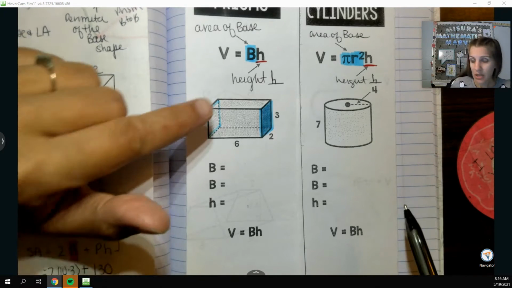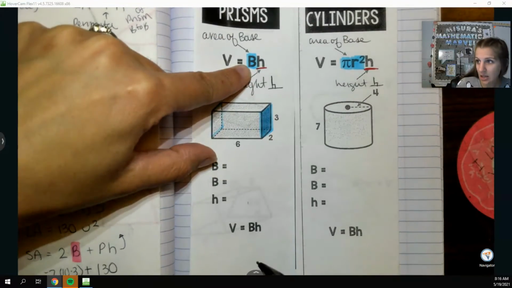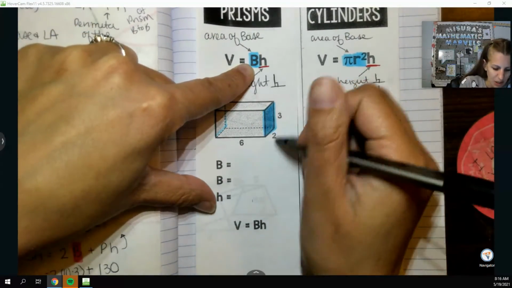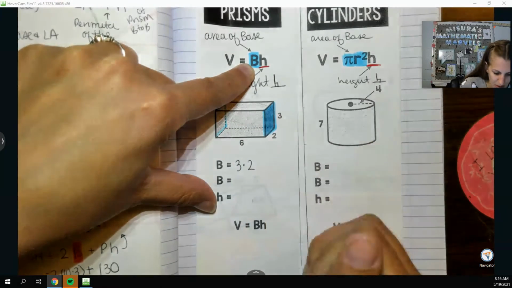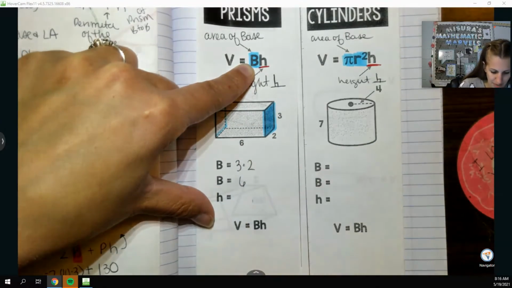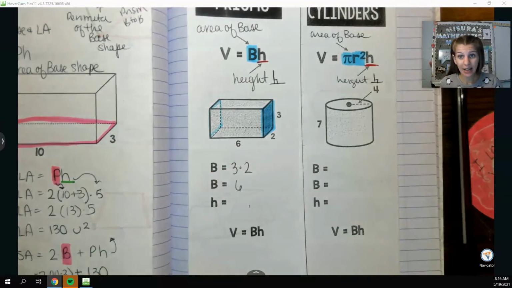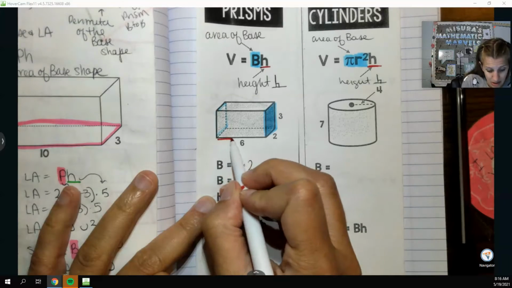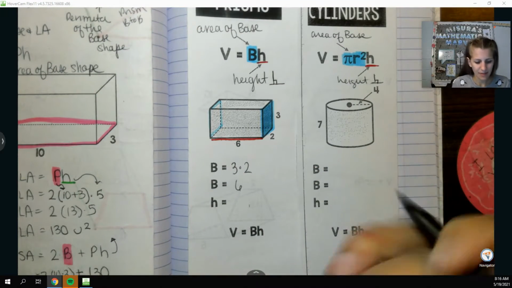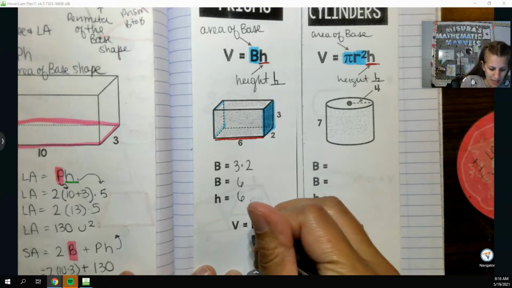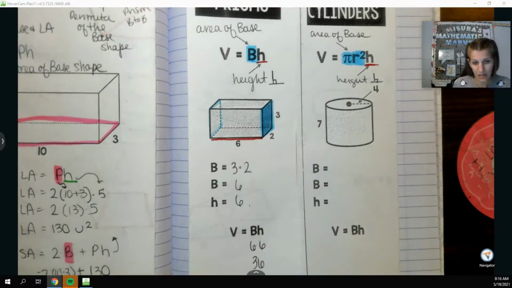So when we want to find the area of our base to get volume, we're going to do 3 times 2 for 6. And then the height has to be the height from base to base. So from side to side, that's a 6 in this case. And so we end up with 6 times 6 for a volume of 36.